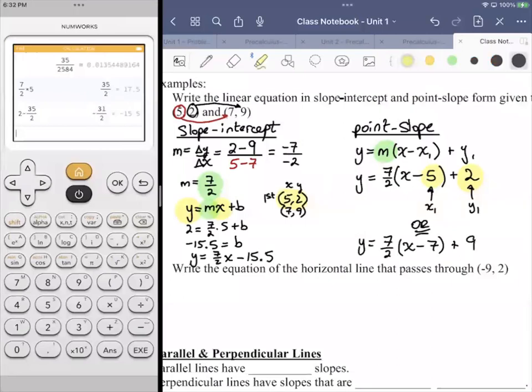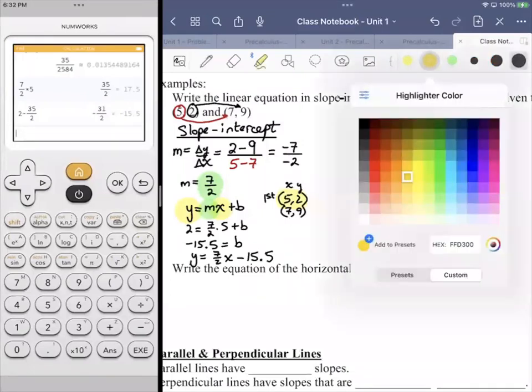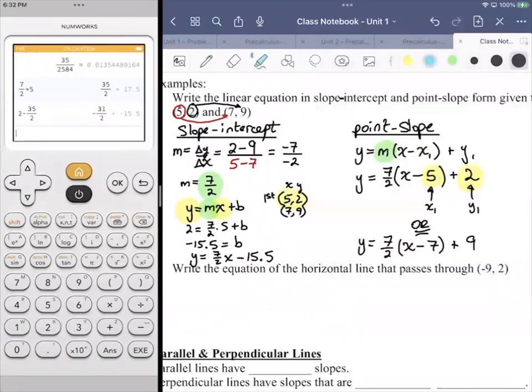Let me get a color that is a little bit more distinct. So I can test to make sure that these equations give the same graph, and that'll, in a sense, verify that I did everything right.